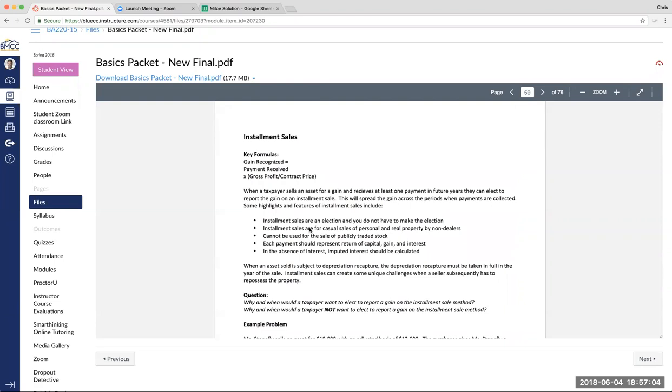And so I'm going to have $400 in capital gain each year for 10 years because I did an installment sale or a contract sale, and I spread the cash receipt over many years. If I do my paperwork right and handle things correctly, that will allow me to spread the gain over 10 years.